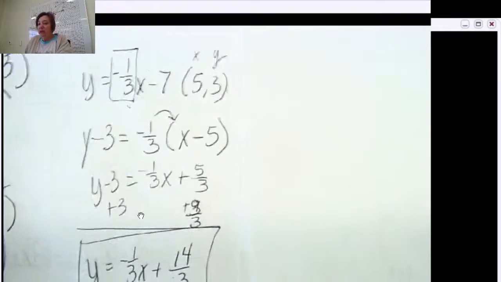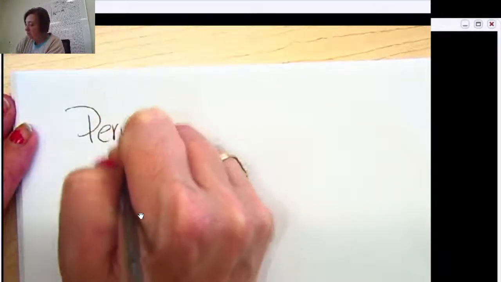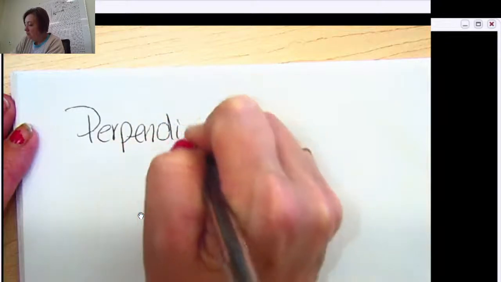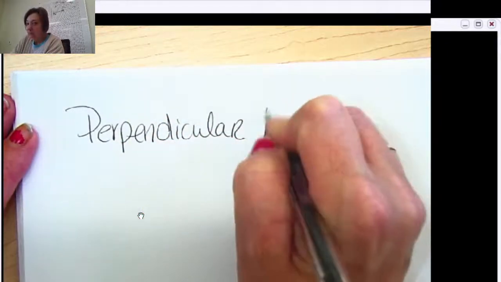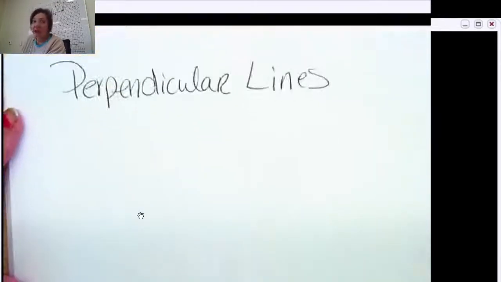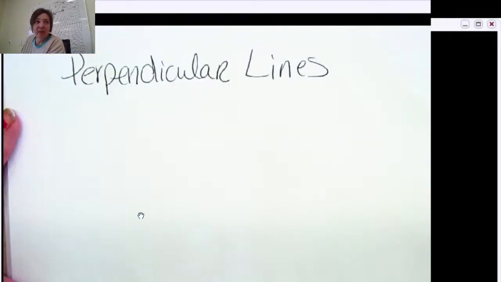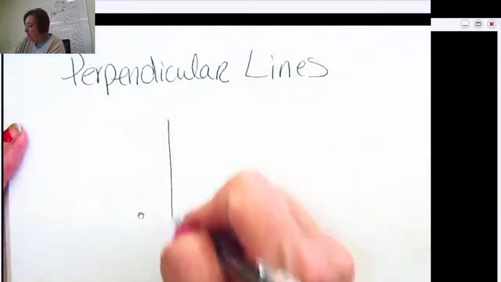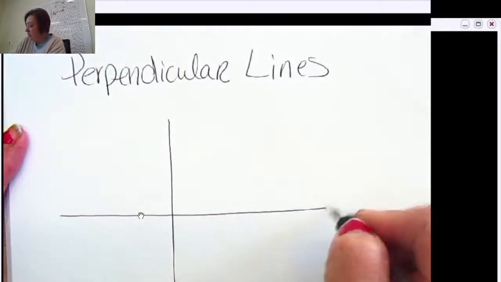Now, perpendicular lines. Tell me what you know about perpendicular lines. 100%. So 2 lines that cross at 90 degrees, right? That's perpendicular lines. I'm going to sketch some perpendicular lines on here.